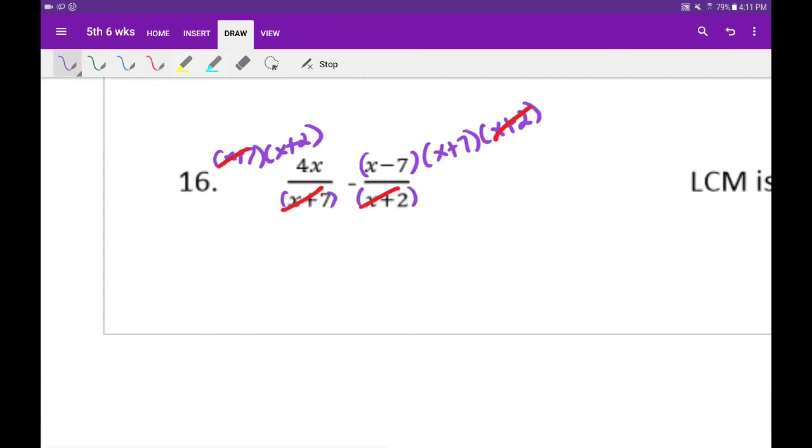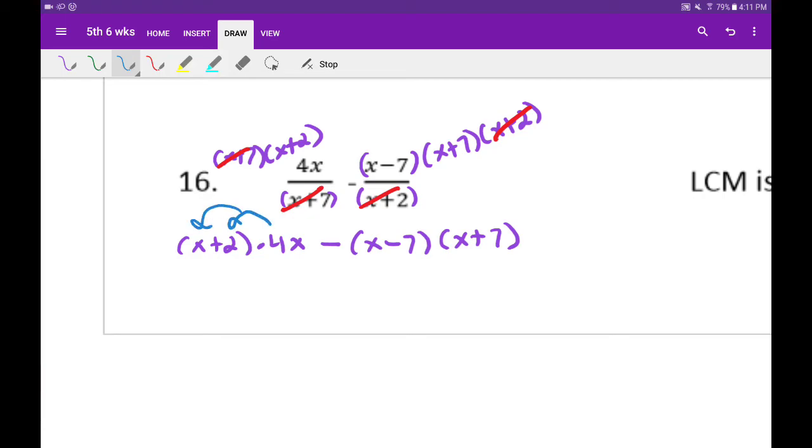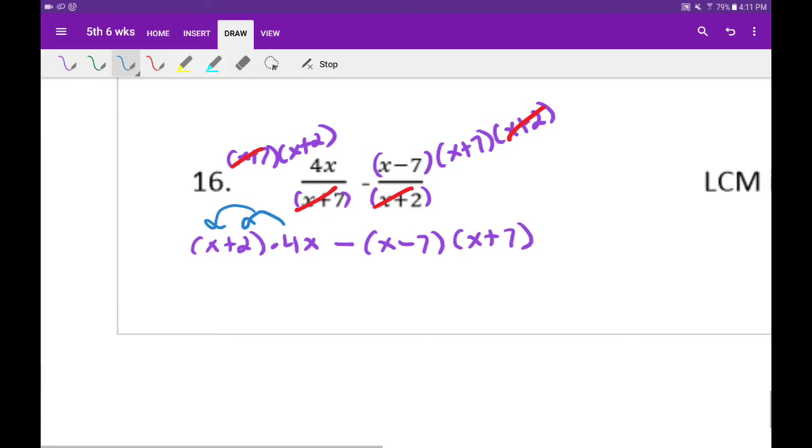Let's rewrite what we got. So we got x plus 2 times 4x minus x minus 7 times x plus 7. So we need to distribute the 4x into each one here. I know it's behind, but it doesn't matter.